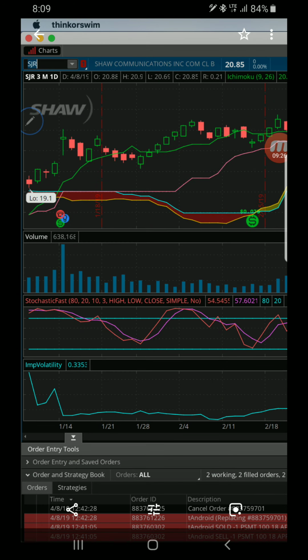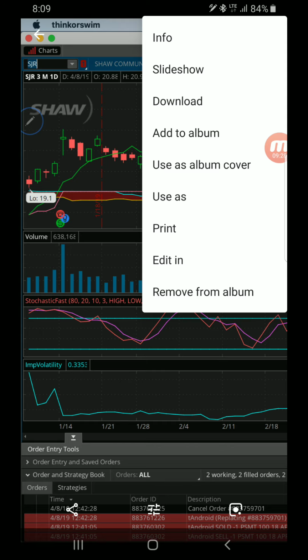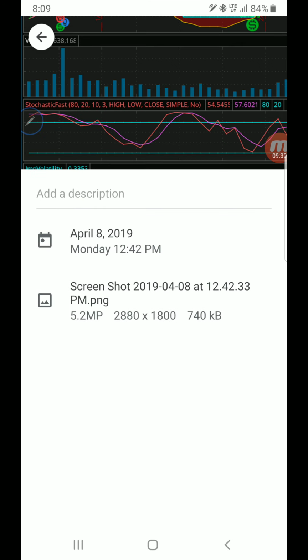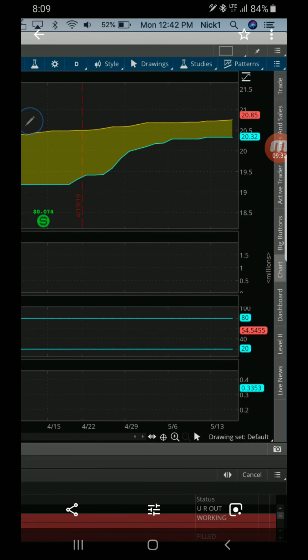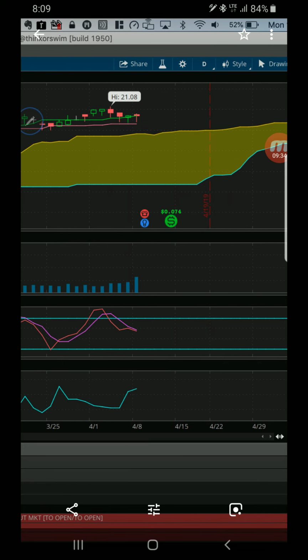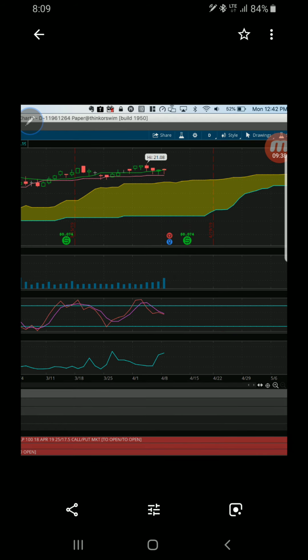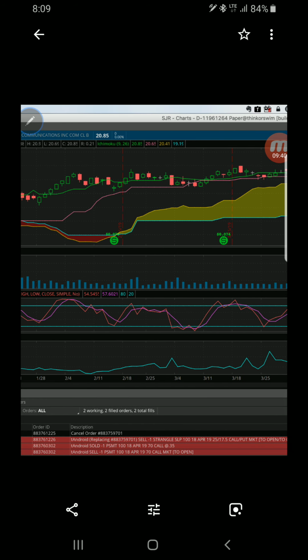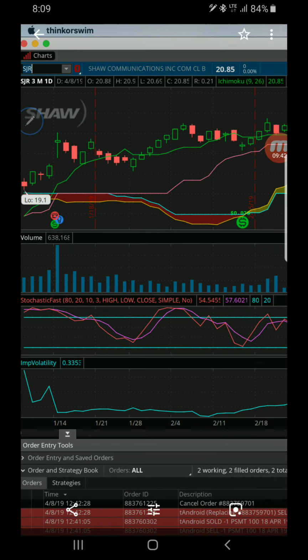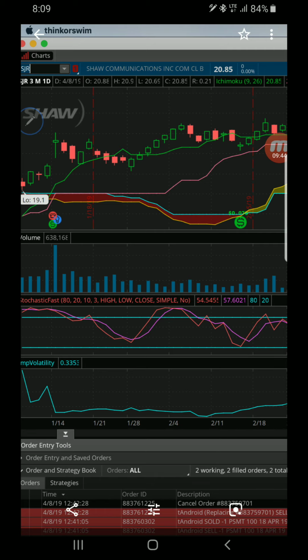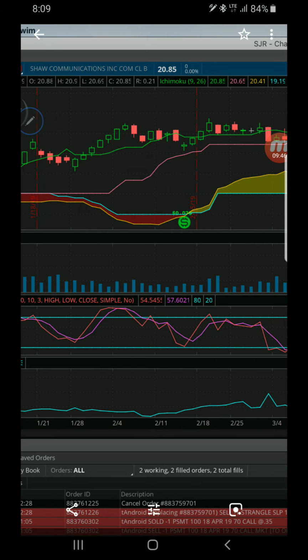SJR, Shaw Communications, April 8th. And yeah, it's still slightly bullish. So let's see if SJR went above 20.85 since April 8th, because that looks pretty bullish to me.